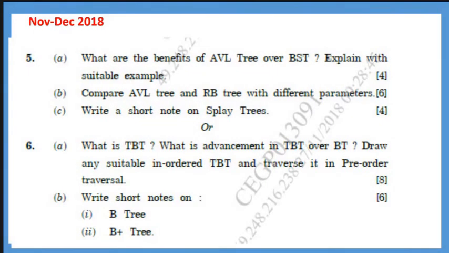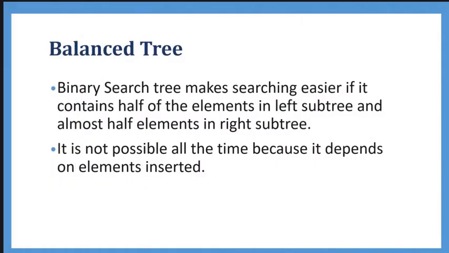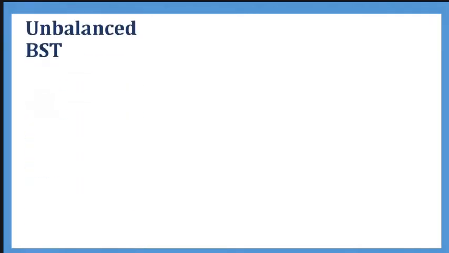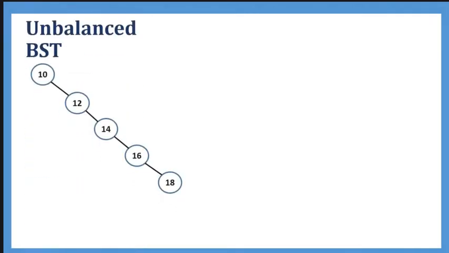So we'll see an example of an unbalanced tree. In an unbalanced binary search tree, if you insert the elements in increasing order, you will get a right skewed tree. If you insert the elements in decreasing order, you will get a left skewed tree. So this is an unbalanced tree.